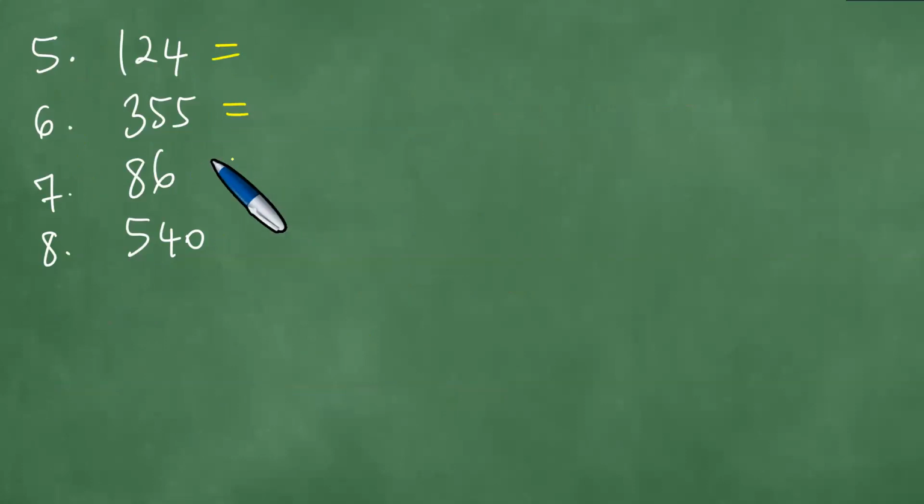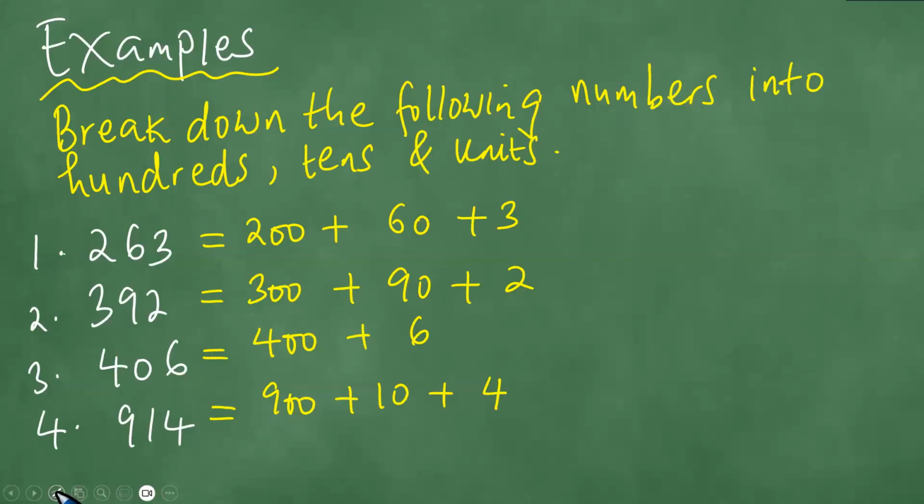It's equal to what plus what plus what? Like we said, 263. You take the 2 and you put 2 zeros, 200. And then here the 6 is written as the 60. And then you have 3.